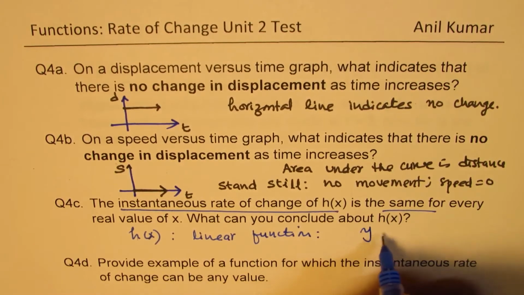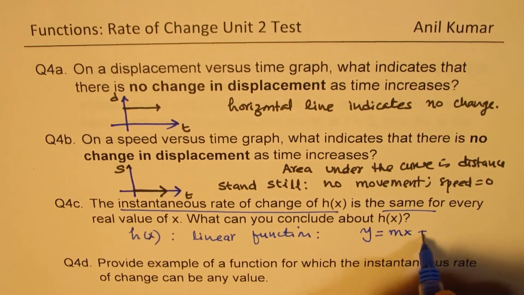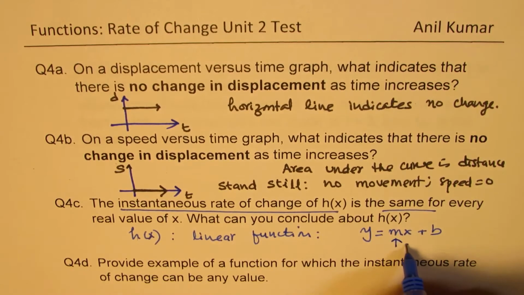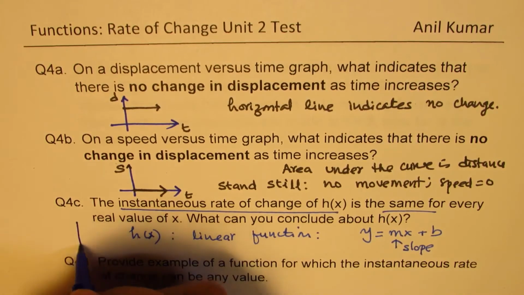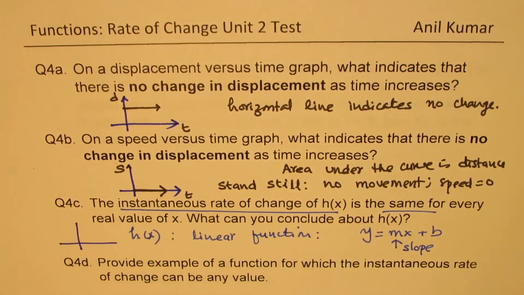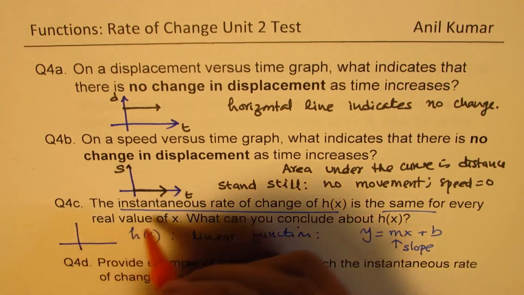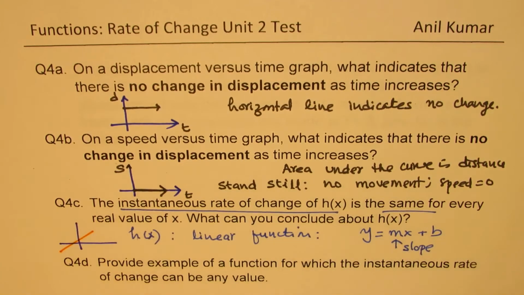So you have y equals mx plus b, correct? You know m is the slope, which is constant. That is kind of a reminder, right? So for this, we are sure that it's a linear function. It could be any linear function, a line which is kind of like this or whatever. Perfect? But basically, a linear function. Is it clear to you?